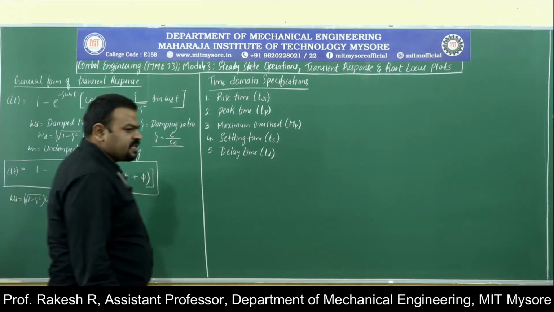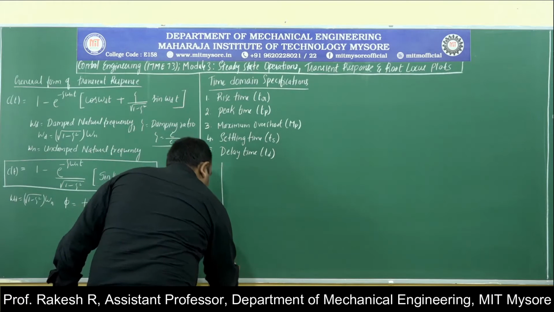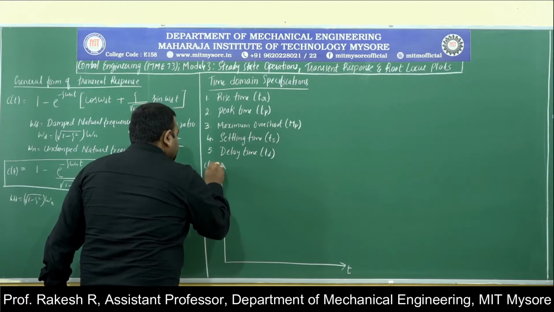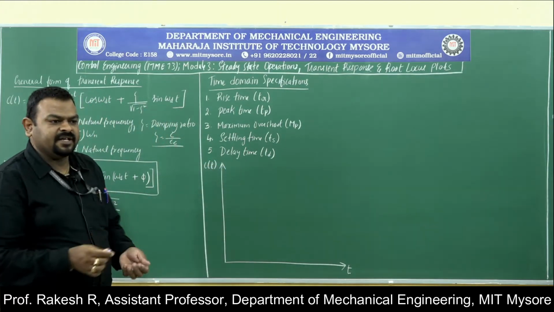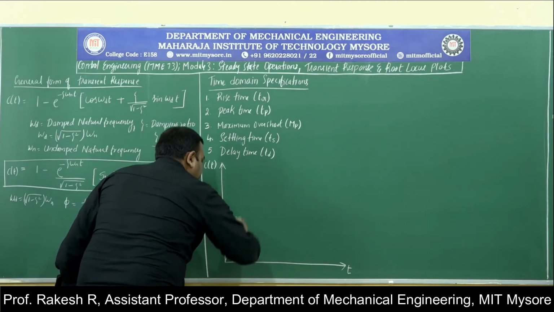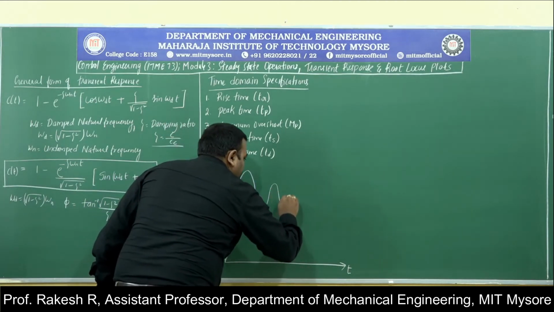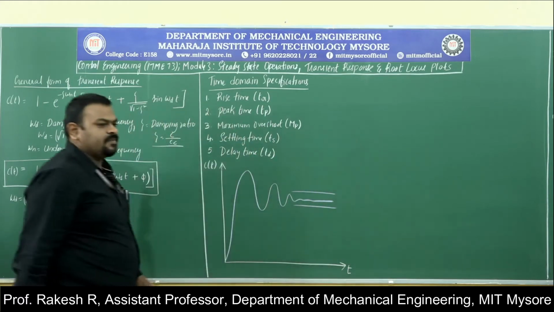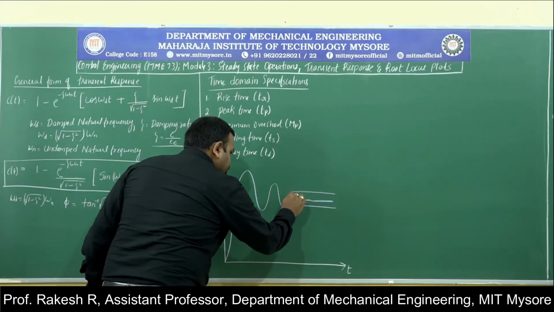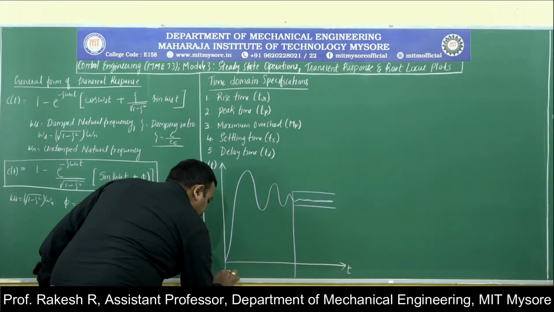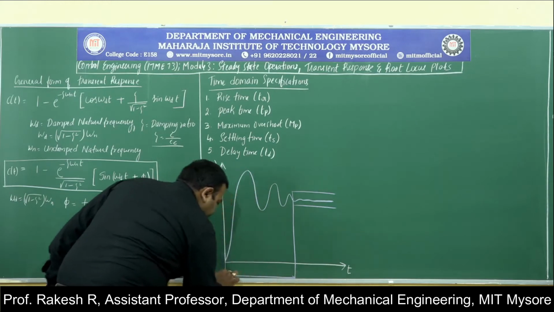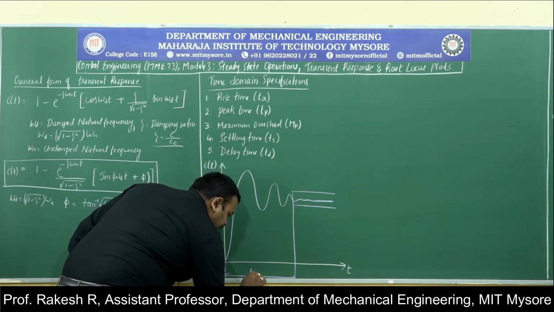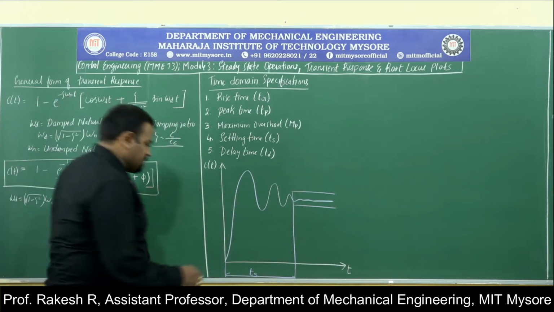So if I represent this in a graph, this is time and this is the output C of t. Generally the characteristic of the underdamped system will be like this. Then here you will get a steady value. From this point to here, where you get the steady value, that from the initial point is called settling time. We will call it T suffix s.